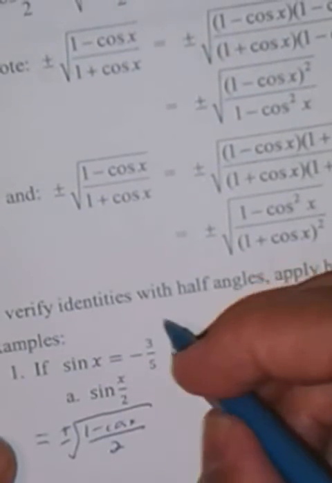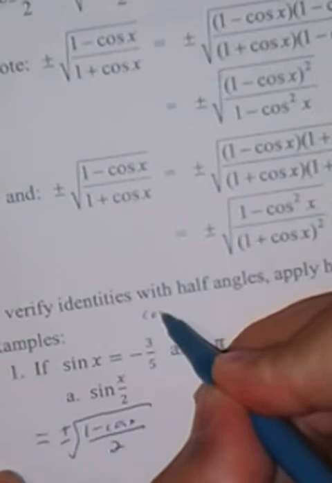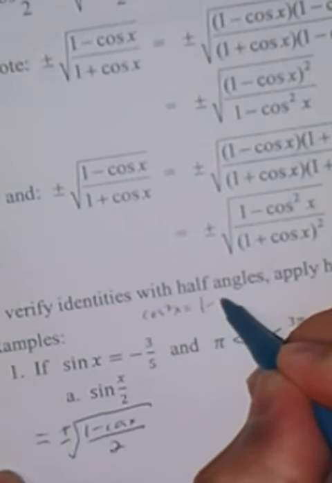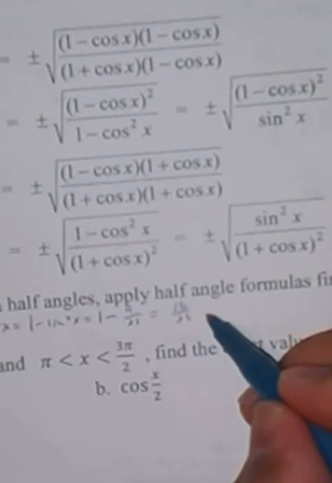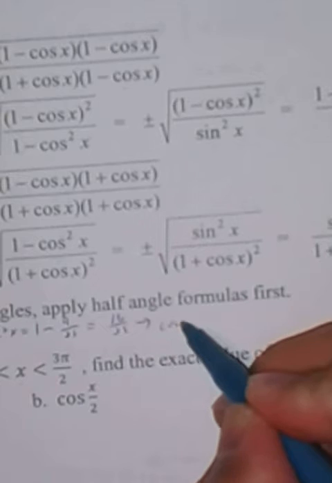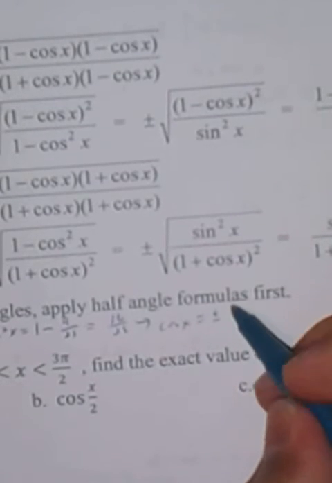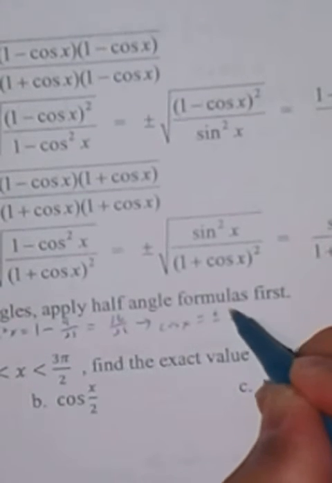I know what sine x is, but I don't know what cosine x is. But remember, cosine squared x is 1 minus sine squared x, which will be 1 minus 9/25, which will be 16/25. So cosine x then, cosine x will be plus or minus 4/5, right, the square root.